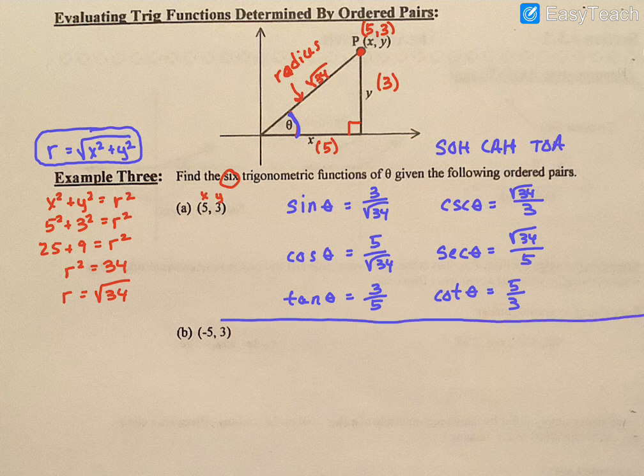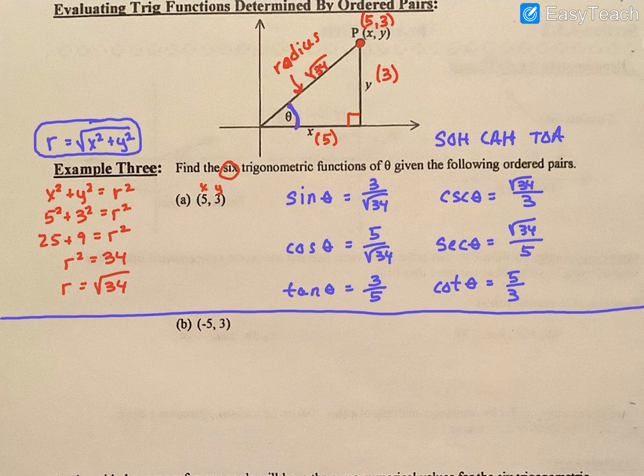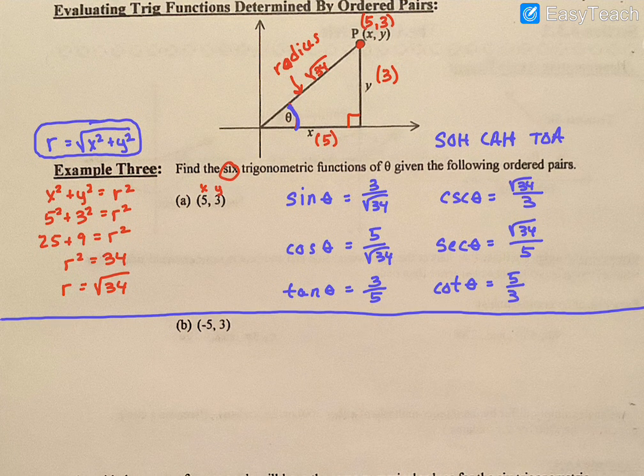And right there you have your 6 trig functions. Hopefully what we did there kind of made sense a little bit. I'm going to scooch that up just a teeny bit. Guess I don't really have much room there, do I?